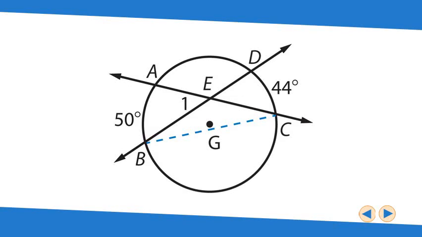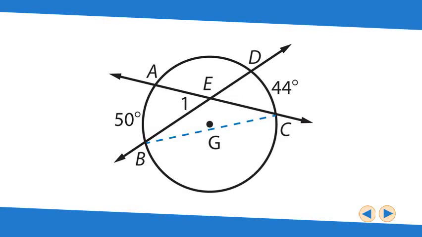And what that makes us realize is that angle 1 is exterior to triangle BEC, and therefore, if we remember our exterior angle theorem, the measure of angle 1 has to equal what? It has to equal the sum of angle ECB and the angle EBC.